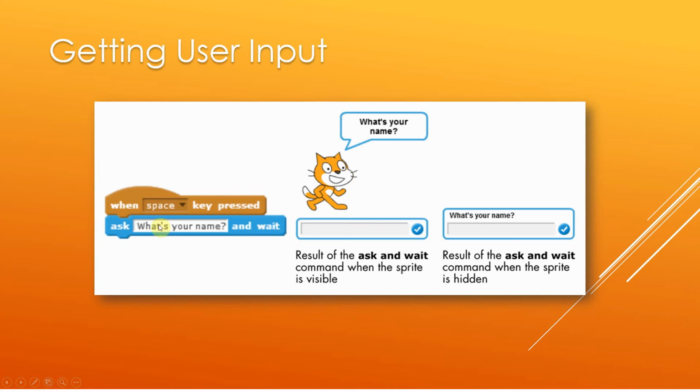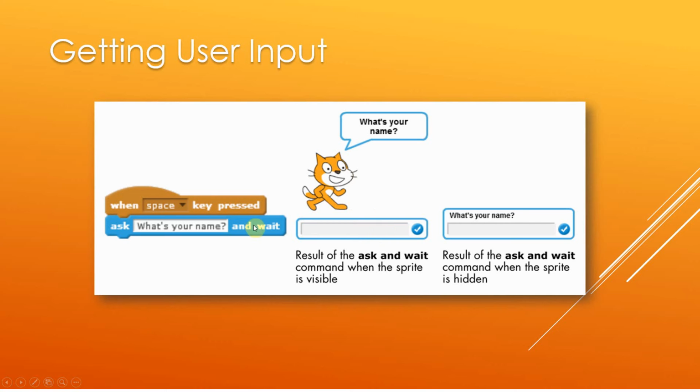When you have the ask and wait block in your program, it will appear in 2 ways. If you have a sprite that is doing the ask and wait, it will put the question in a speech bubble, and it will ask for the answer to be put in this block down below. You can tell it to accept your answer either by clicking on this blue circle with the white tick in it, or you can just hit the enter button.